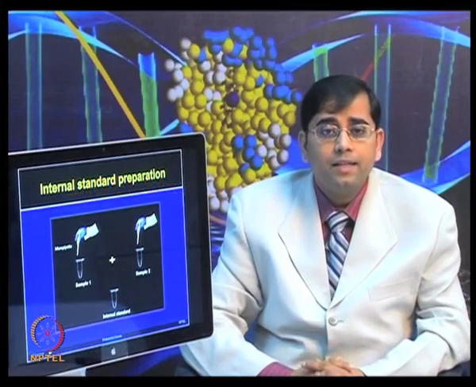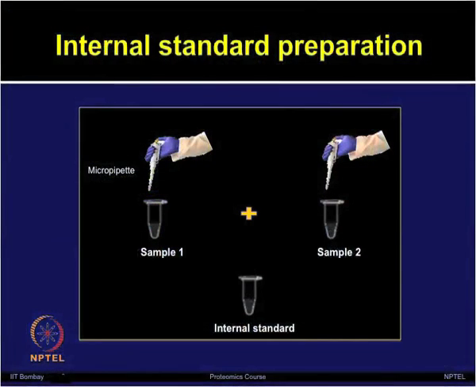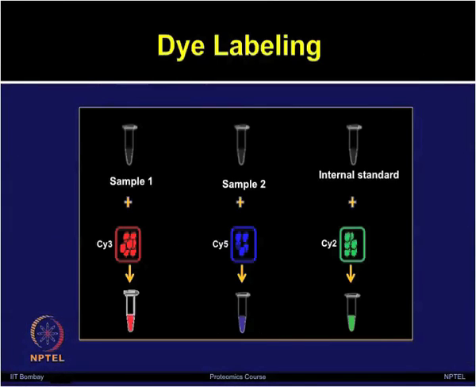Very first thing is you have extracted your protein samples and you need to make the internal standards. Now, your control sample, treatment sample and internal standards should be labeled with different cyanine dyes. Internal standard is always fixed with Cy2 dye, but your control and treatment should be dye swapped.